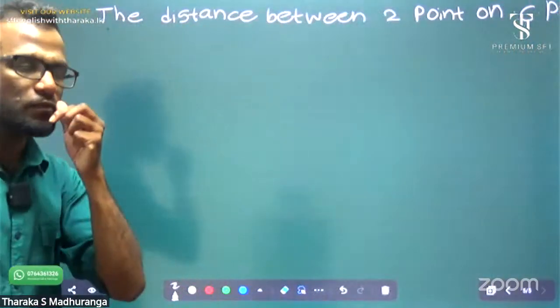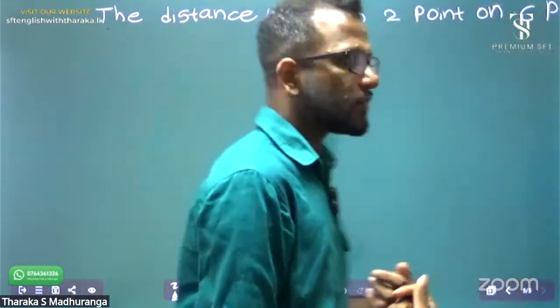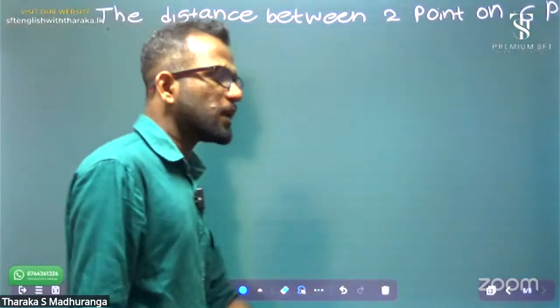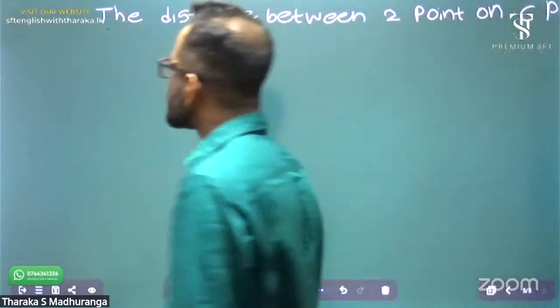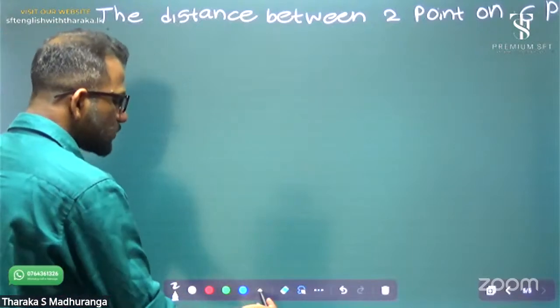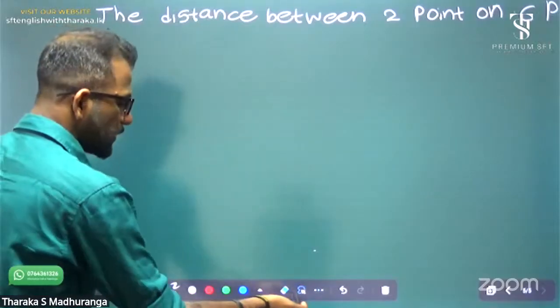Or write down within bracket, the length of straight line. It is equal to the length of straight line. How to calculate the length of a straight line on any Cartesian plane?